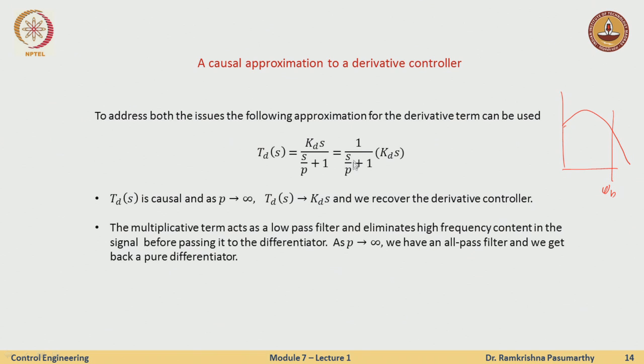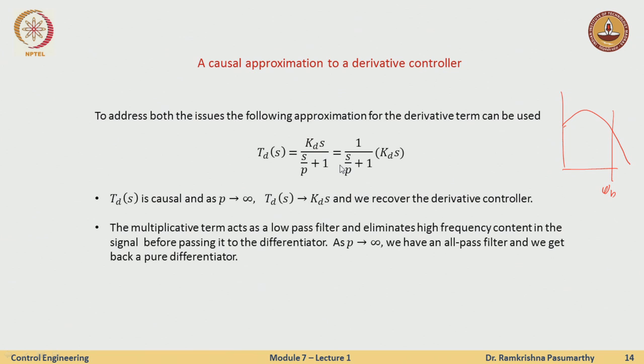I have made this to be causal, a realizable transfer function, okay. It is still not done. And what we also saw is that I can place the poles further away from the origin. In one of the earlier lectures, we saw what is the effect of adding a pole to a transfer function, what is the effect of adding a zero to a transfer function.